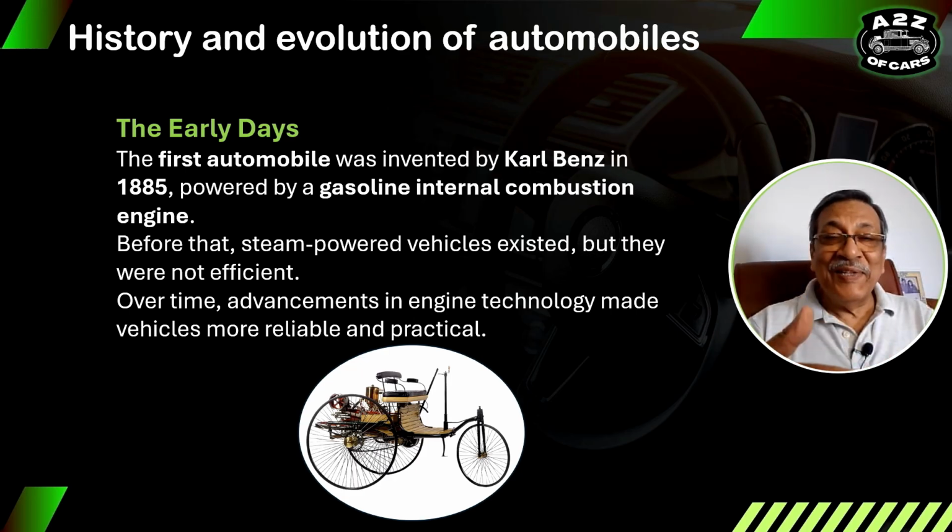Only after steam is built will the car get the power. So nobody wanted to wait that much. And for battery operated EV cars, the challenge was that in those days the batteries were not rechargeable. That was the biggest challenge.